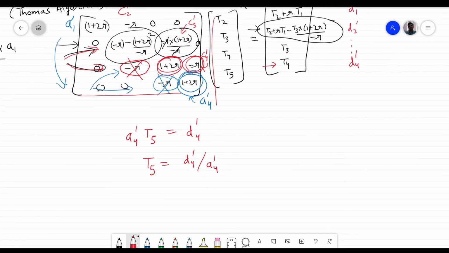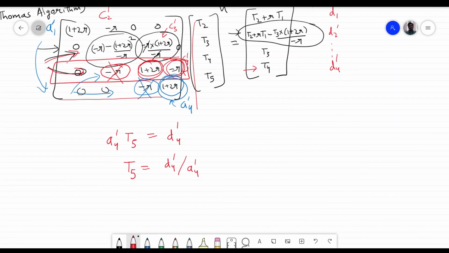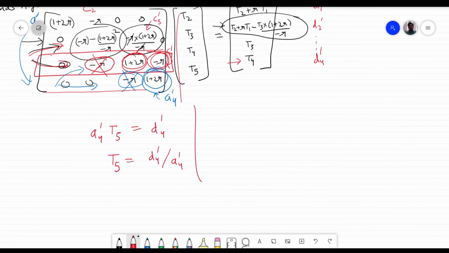Now go to the second row, multiply it with that column vector T2, T3, T4, T5 at nth time step, you get A3 prime times T4 plus C4 prime T5.